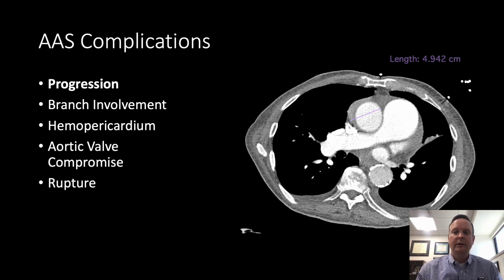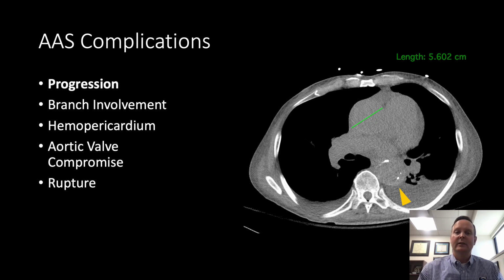On a follow-up non-contrast chest CT that was obtained for shortness of breath, we now see that the overall ascending aorta measures 5.6 centimeters. We can faintly see the high density of an intramural hematoma associated with that, but now we also see in the descending aorta an additional hyperdense crescentic intramural hematoma. So this is progression of the initial ascending aortic abnormality in this patient who is a poor surgical candidate. And then this runs the risk of future rupture.